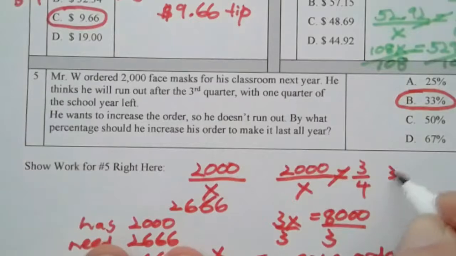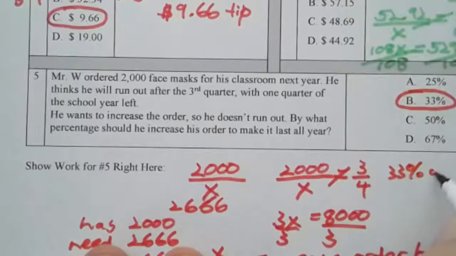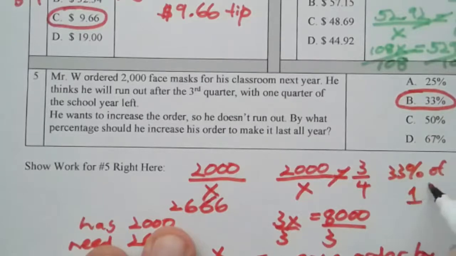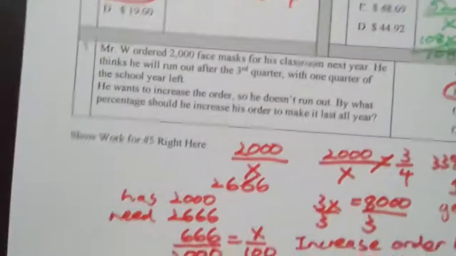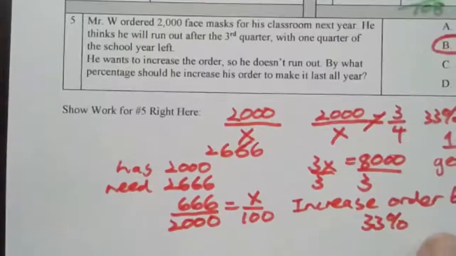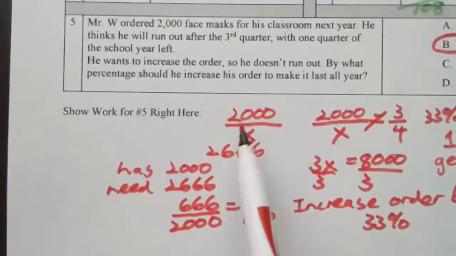What's 33% of 3? 1. So that by increasing 3 by 33%, I get 4. And using proportional thinking, by increasing 2,000 by 33%, I get 2,666.